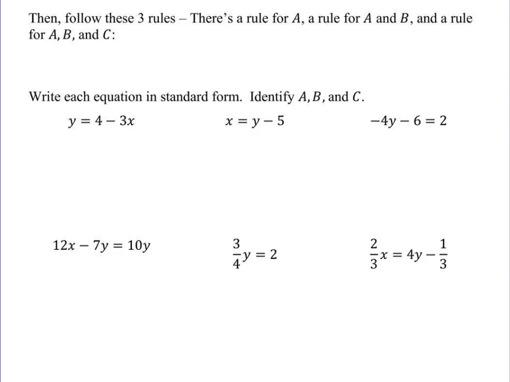Okay, once you have those terms in the correct positions, then you have these 3 rules that you have to follow. There's a rule for A, there's a rule for A and B, and then there's a rule for A, B, and C. And I'm talking about the numbers that are involved in this standard form equation. The rule for A has to be positive.